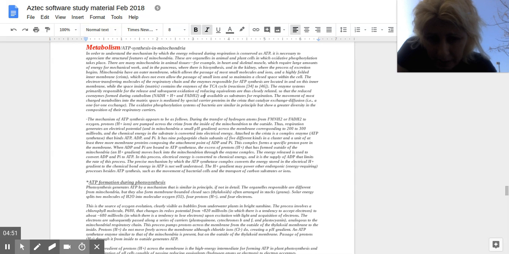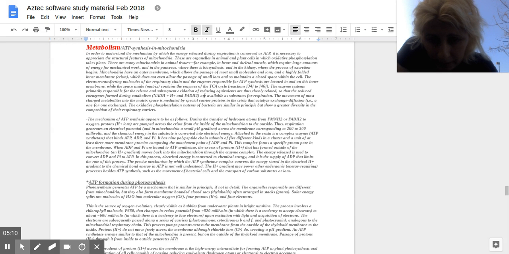The energy released is used to convert ADP and Pi to ATP. In this process, electrical energy is converted to chemical energy, so the reverse, and it is the supply of ADP that limits the rate of this process.